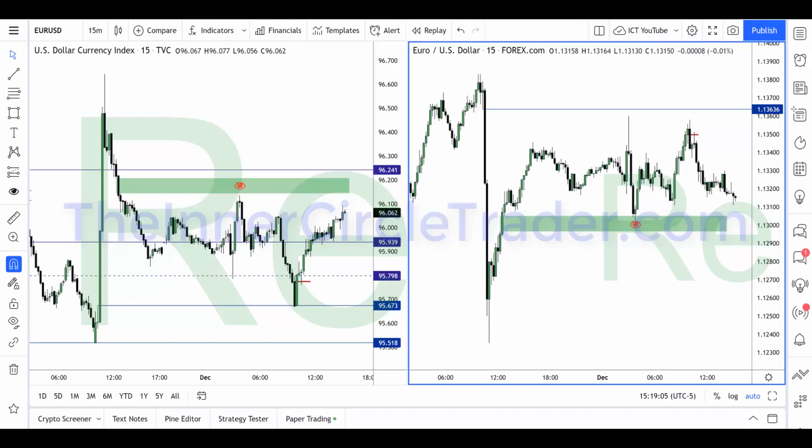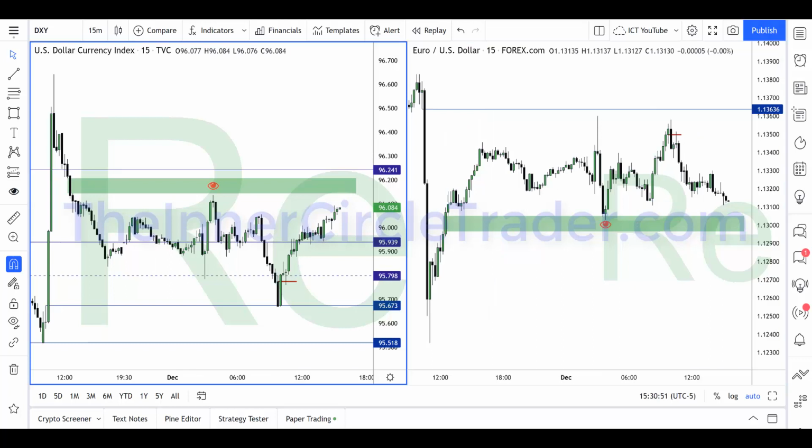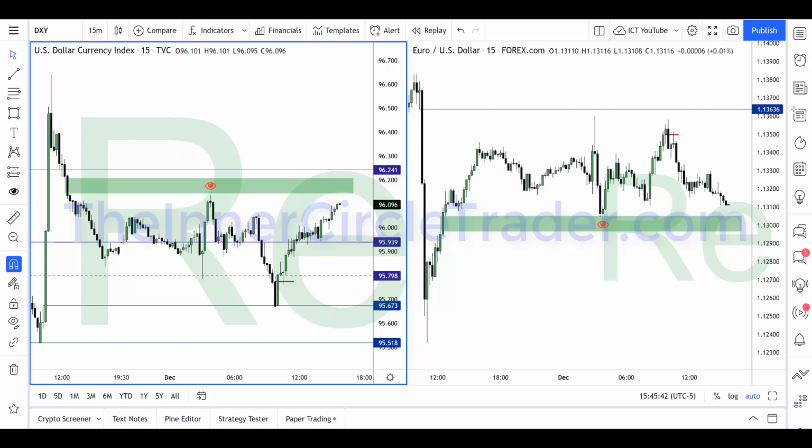And we'll see if we want to get up into that sell side imbalance, buy side inefficiency spot I had a little eyeball at. Flirting with that 96.10. There you go, 96.10.